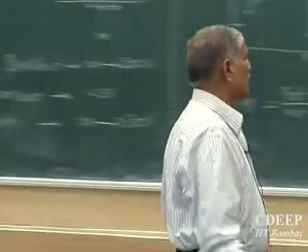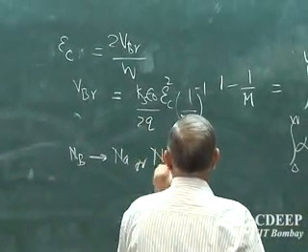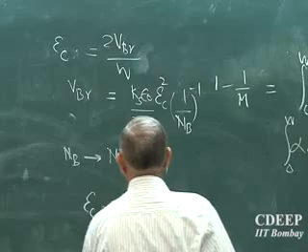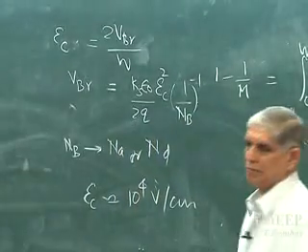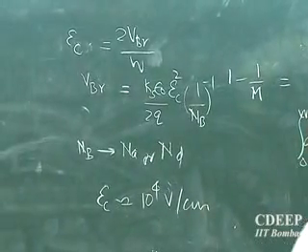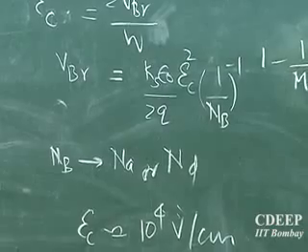So one can find, and just typically, this electric field is of the order of 10 to the power 4 volts per centimeter. This is the typical electric field at which ionization can take place. Remember why this field is required?